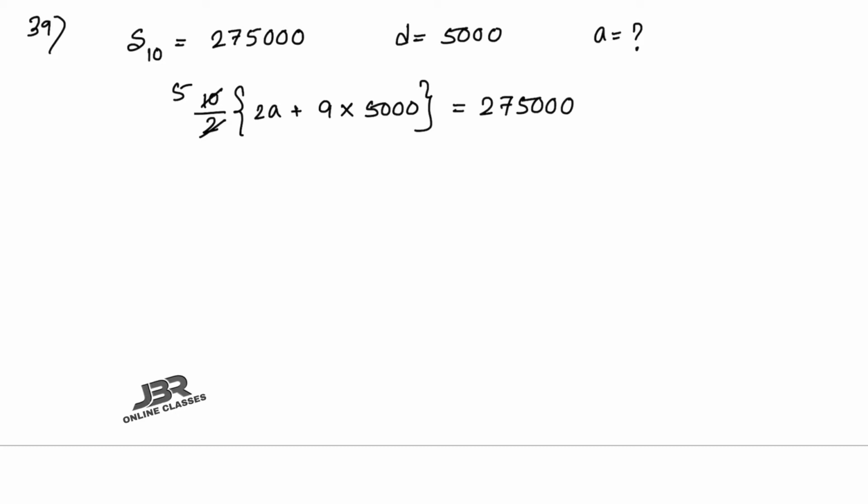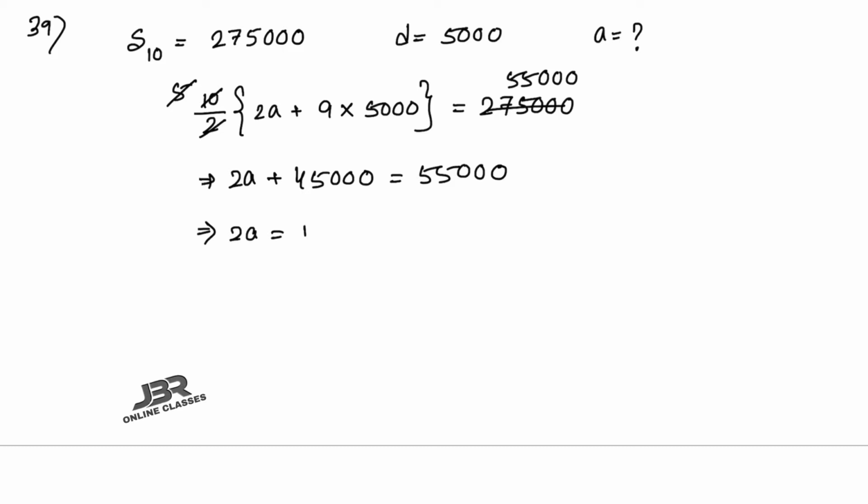Now 275 divided by 5 is 55, so write down 55,000. That implies 2A plus 45,000 equals 55,000. So 2A equals 10,000 and A equals 5,000. So 5,000 is the amount for the first year.